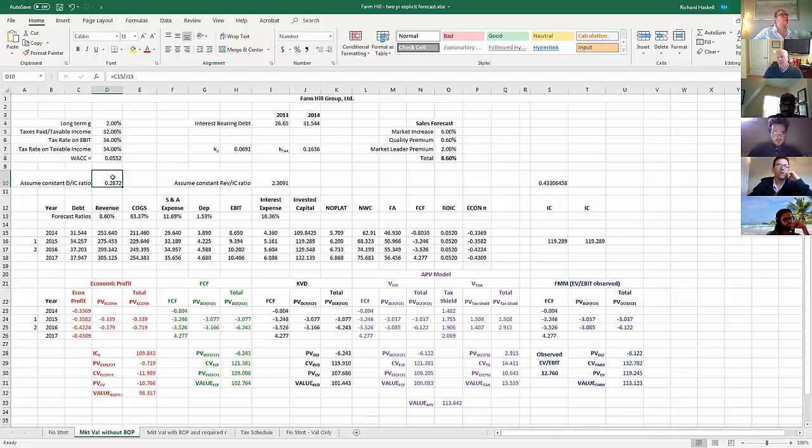Well, I've done that because maybe there's more I'd like to do with this at some point. Maybe I want to think about net income. Maybe I want to think about this APV model over here and a tax shield. And you're going to find as we go through our discussion tonight, the tax shield's a function of our interest expense. And unless I know my debt burden, I don't know what my interest expense is.